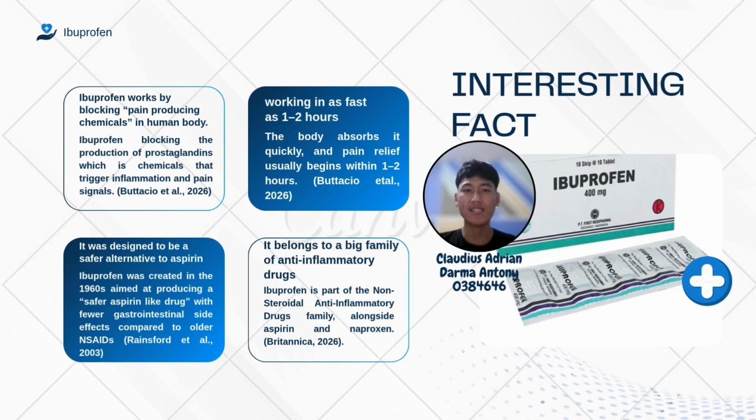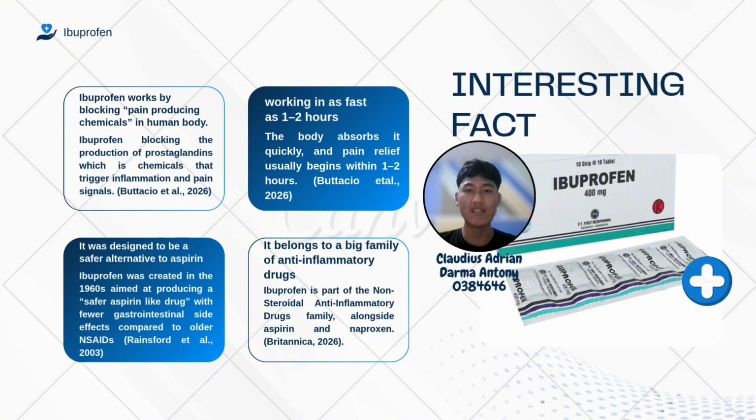Another interesting fact is that ibuprofen works relatively quickly. After taking it, the body absorbs the medication rapidly, and pain relief can usually begin within 1 to 2 hours. This fast action makes ibuprofen a popular choice for managing temporary pain and discomfort. In addition, ibuprofen was originally developed around 1960 as a safer alternative to aspirin.